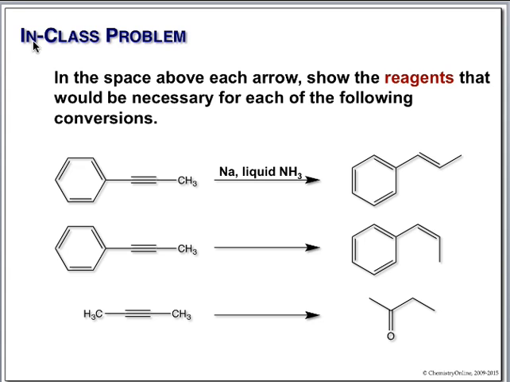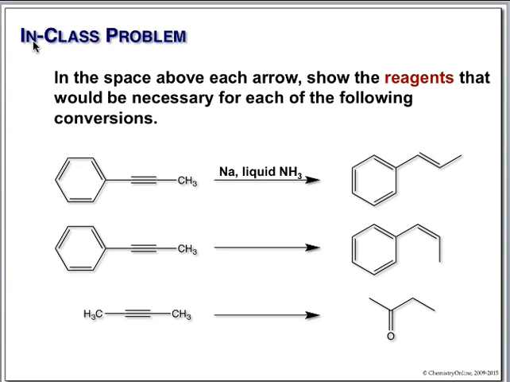Our next reaction, we're taking an alkyne and making an alkene again, so it's a partial reduction. And we are winding up here with cis stereochemistry. That means we're adding both hydrogens to the same side of our triple bond. Because it's a partial reduction, we have to use a poisoned catalyst.